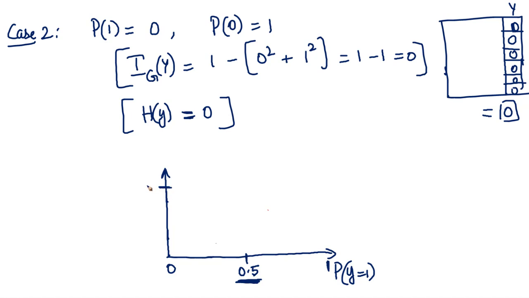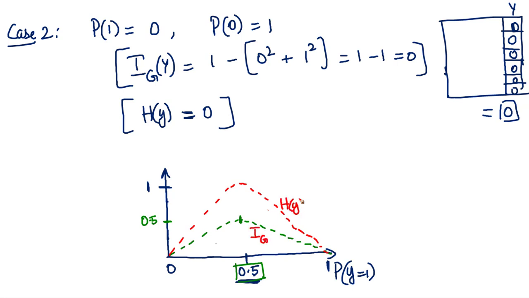For entropy, the maximum value becomes 1, whereas for Gini impurity, the maximum value is 0.5. So for Gini impurity, the curve would look something like this. When probability of Y equal to 1 reaches 0.5, Gini impurity takes the maximum value of 0.5. Whereas the maximum value entropy would take will be 1.